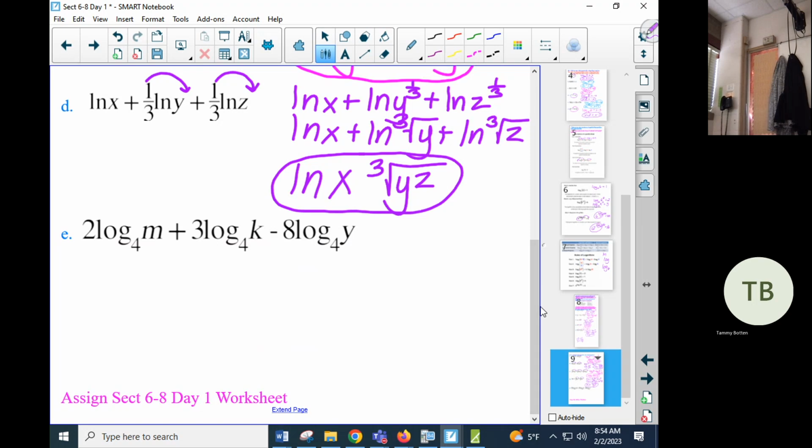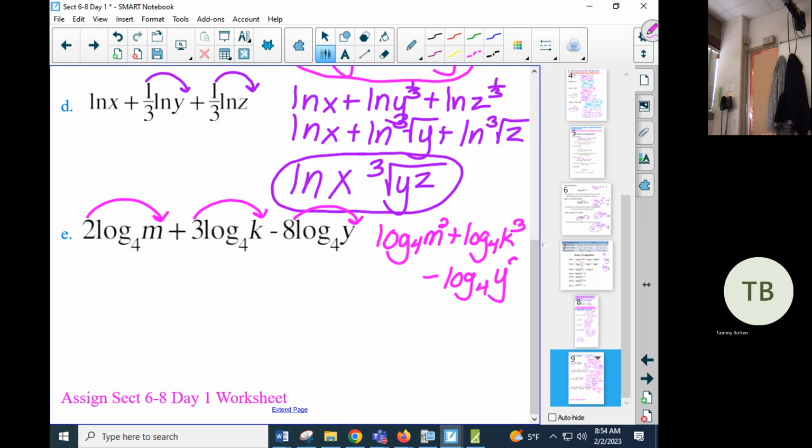One more. So this one, we have m to the 2nd, k to the 3rd, and y to the 8th. So again, like I said, some of these steps you can skip. You don't have to write all of these. Now this one has a combination. It has these two added and this one subtracted.